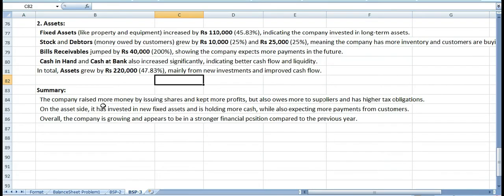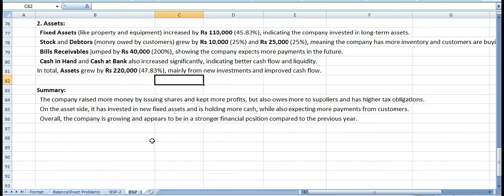The company has raised more money by issuing shares and kept more profit, but also owes more to suppliers and has higher tax obligations. On the asset side, it has invested in new fixed assets and is holding more cash, while also expecting more payments from customers.